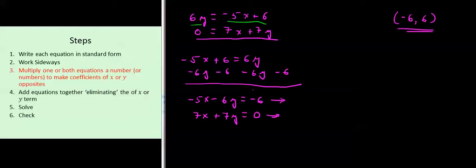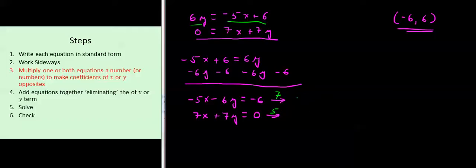I'm going to multiply the top equation by 7, and the bottom one by 5, and I'm going to eliminate the x term. 7 times 5 is 35. 5 times 7 is 35. They're going to be opposites, easy to eliminate.